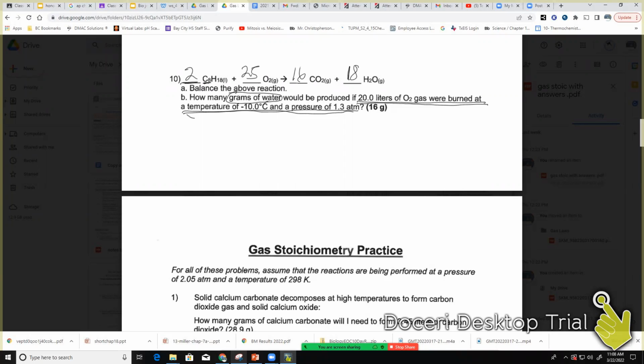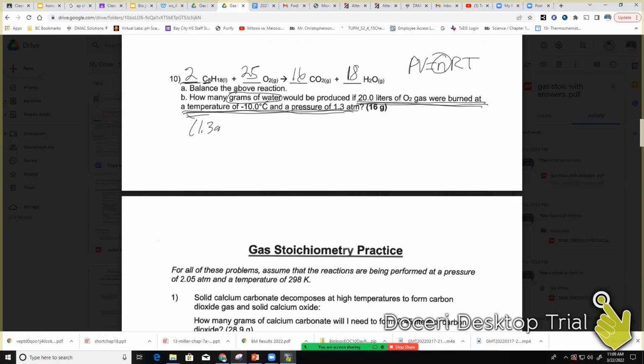On this one, you're going to have to use ideal gas law first. Because I have all this information about oxygen, can't I use the ideal gas law to figure out moles of oxygen? And then I have a balanced equation. So then can I go from moles of oxygen and get to grams of water? Yes. So this one's, like I said, a puzzle. So I'm going to use ideal gas law first.